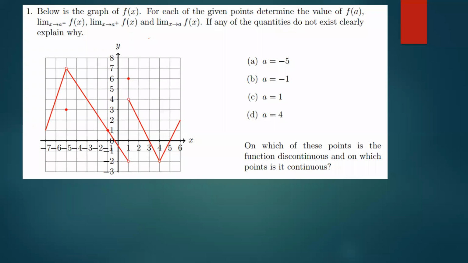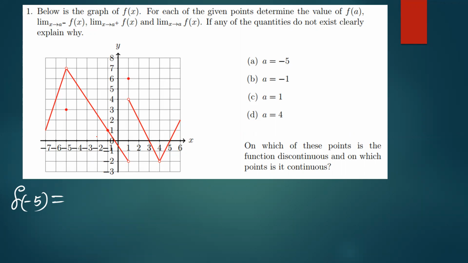The first one is asking us to find f of a. The value of a here is -5, so we're finding f of -5. When you look at your graph, you check whether you have a shaded dot or an open dot at that point.